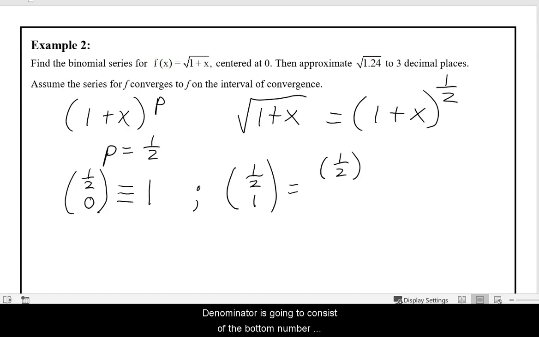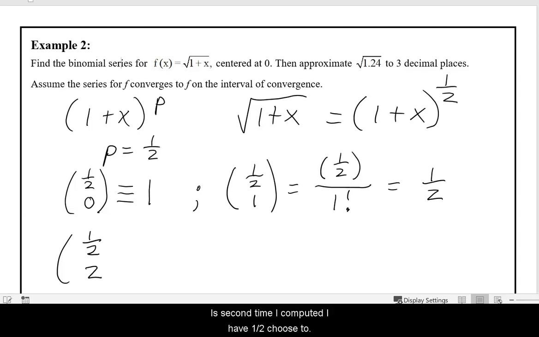The denominator is going to consist of the bottom number with a factorial. The bottom number also tells me I need one factor in the numerator, which I have, which means I just get 1/2. The second time I compute it, I have 1/2 choose 2. K has gone from 0 to 1 and now 2.